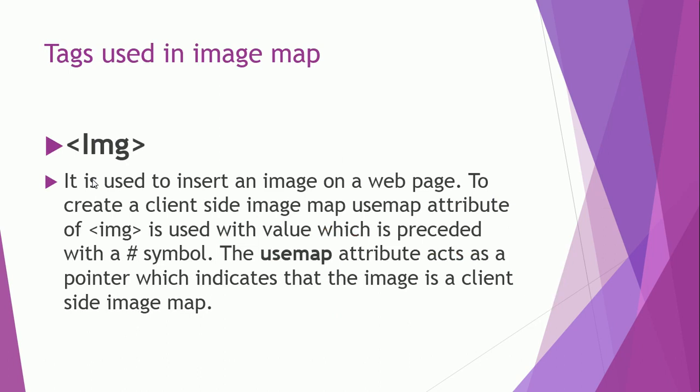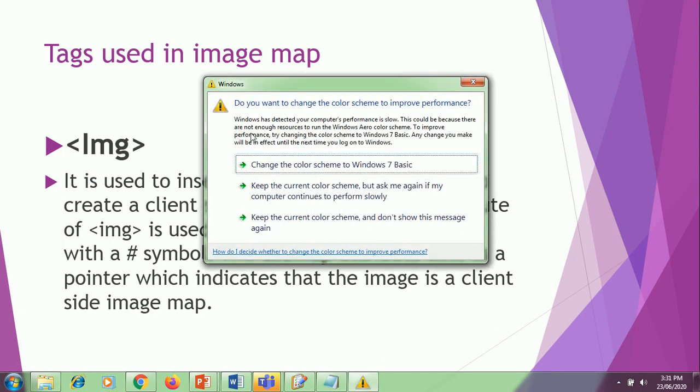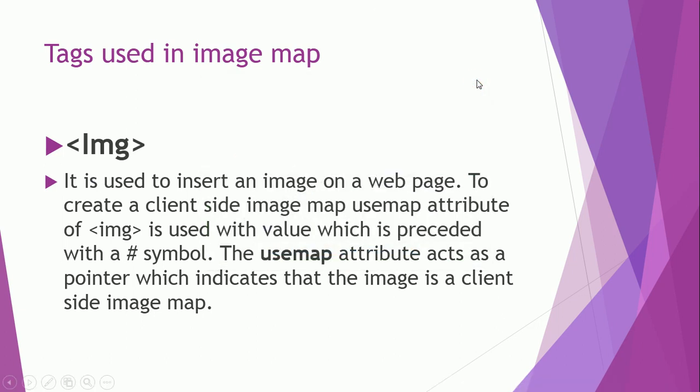To create this image map, several tags are used. Among these tags, the most important tag is the image tag. You already know that the image tag or img tag is used to insert an image on a web page, and here the usemap attribute is used in a client side image map.